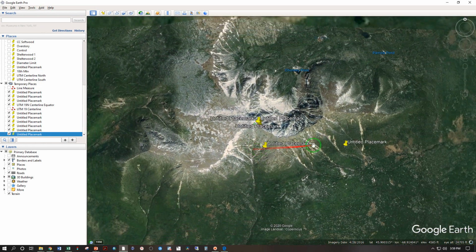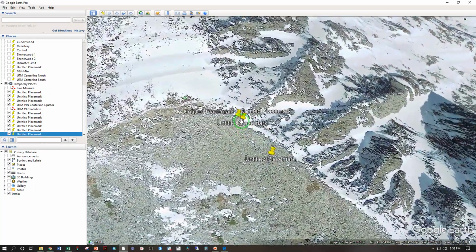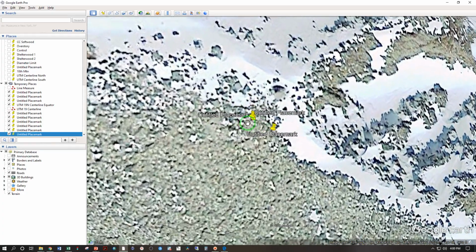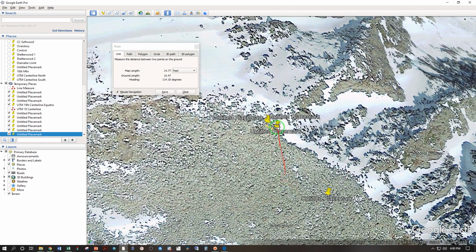So you see our first point was all the way over here, our second point here. And as we add precision, as we add decimal places, we get closer and closer and closer. And you can see the distances between these get to be very, very small. So let's measure between those two, about 2 feet. Those two, 15 feet.